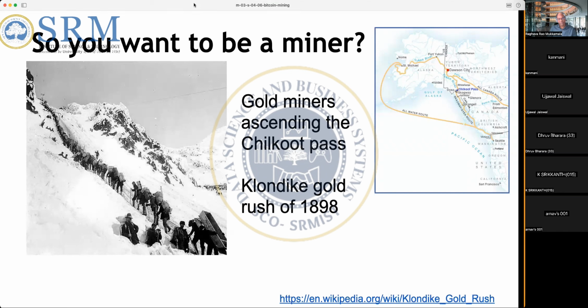In the 1890s, so that is the early 1900s, and this was in Canada. People found gold in the Chilkoot Pass mountains. This was 130 years back, right?